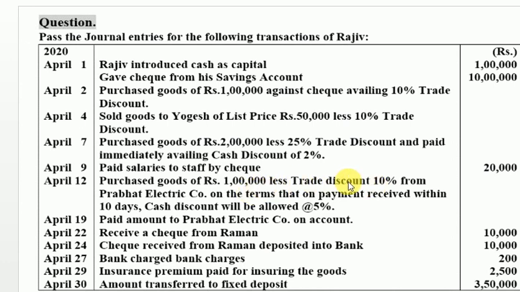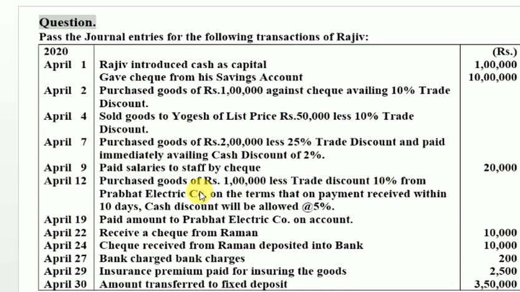So 1 lakh minus 10% is 90,000. And the condition for cash discount is if he pays the amount of 90,000 within 10 days, then only he will avail the cash discount. But right now he is not paying the amount of 90,000, that is 1 lakh minus 10%.